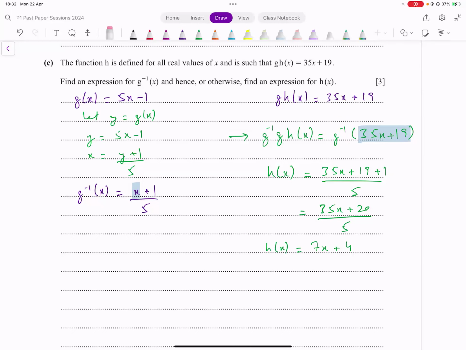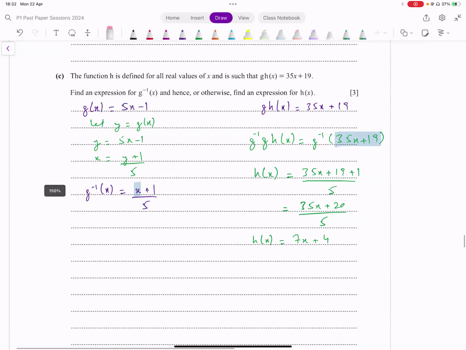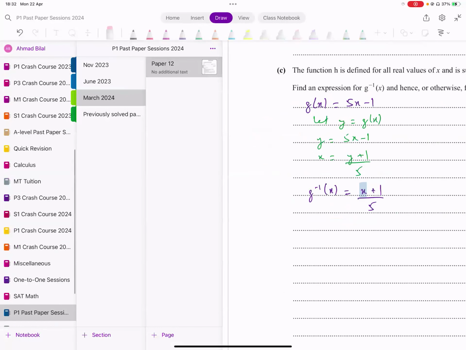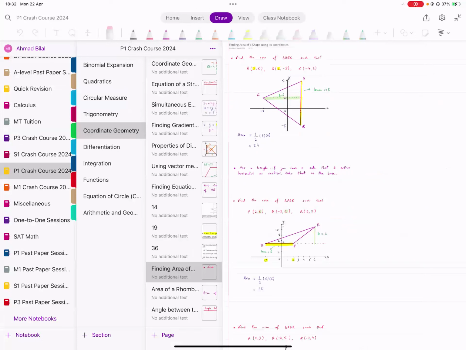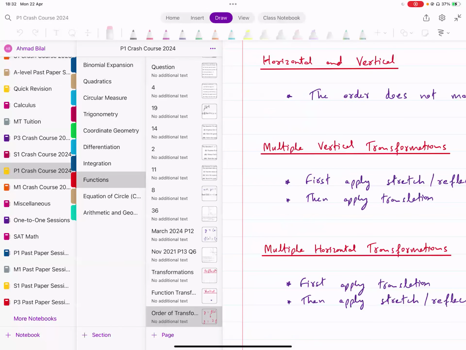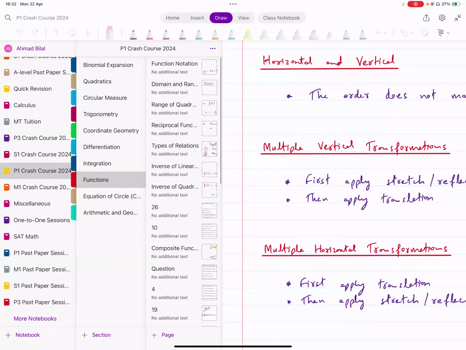This is actually a standard process that we have in functions, so it's very similar to what used to happen in matrices in O levels, remember? Composite functions, yeah.